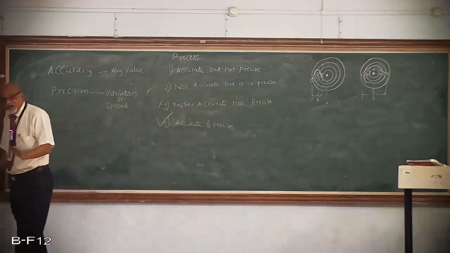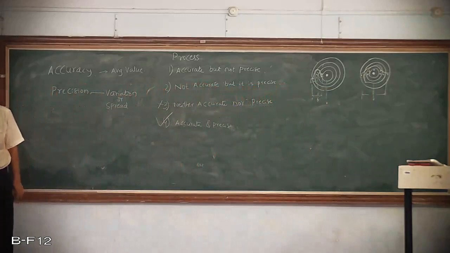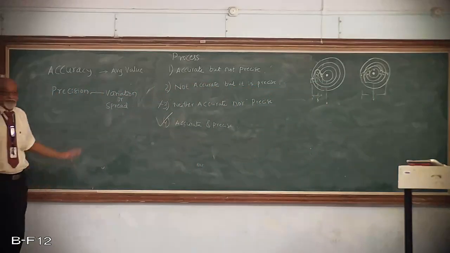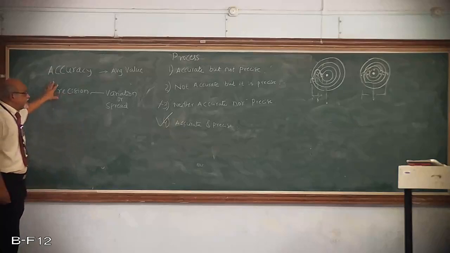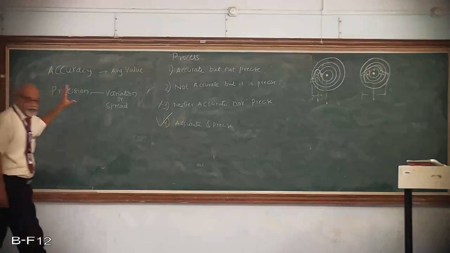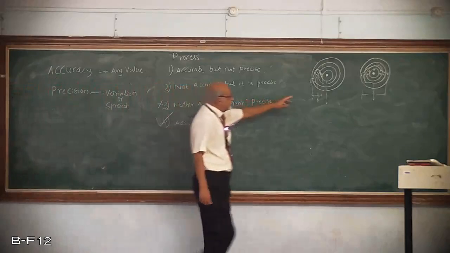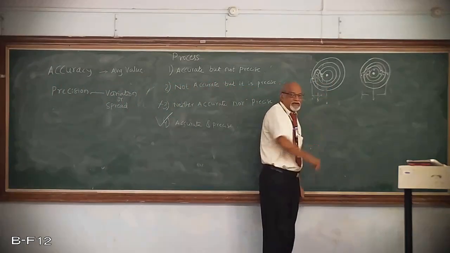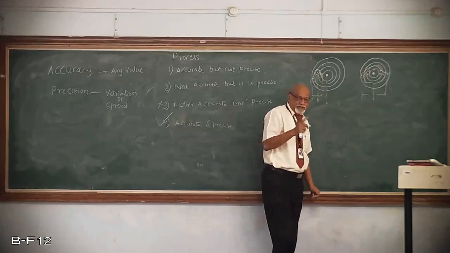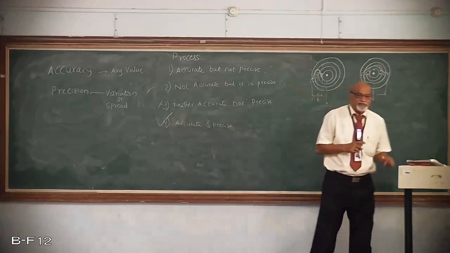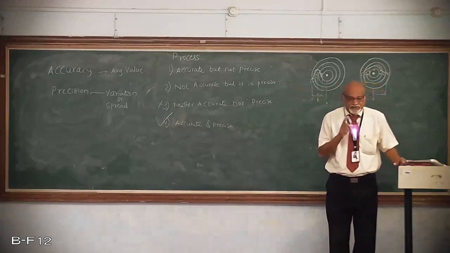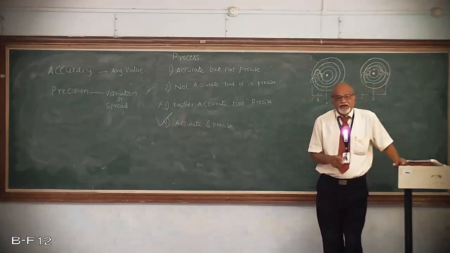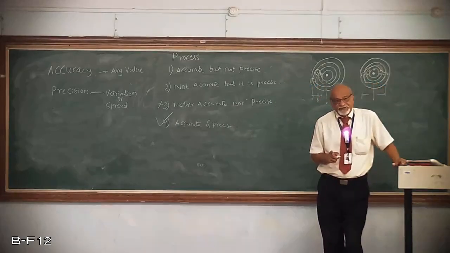Precision cannot be changed easily, whereas accuracy can be changed. Shifting the average value can be done very easily, just by shifting the middle value. That rifle, if he is slightly moved to the other side, that fellow will become more accurate as well as precise.